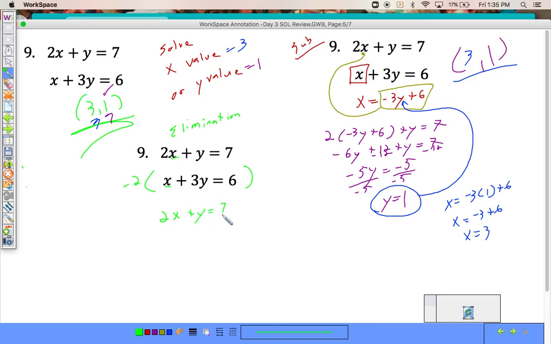So I leave the top one the same. Multiply the bottom by -2. Add down. Cancel. -5y equals -5. y equals a positive 1.